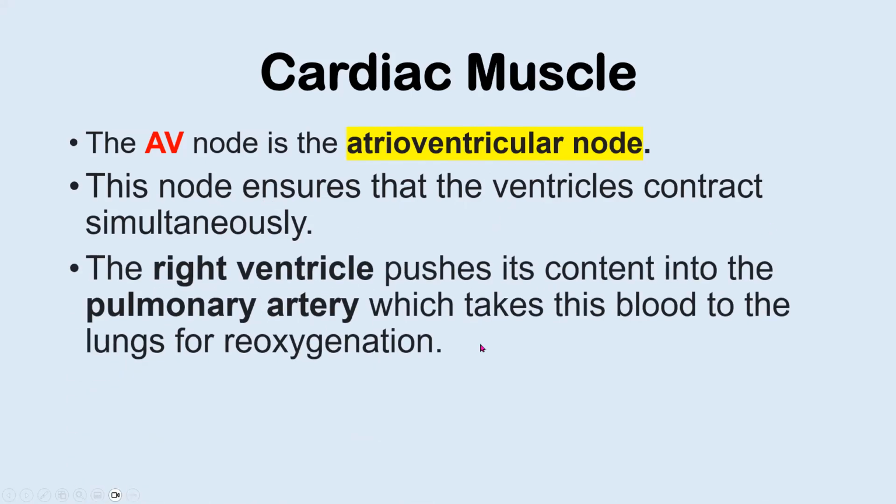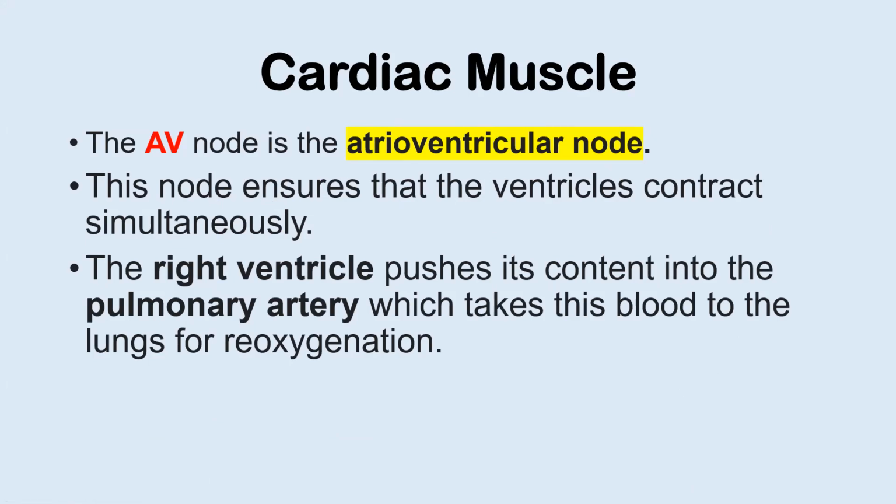The right ventricle then pushes the blood to the pulmonary artery, goes to the lungs, and the lungs re-oxygenate it, because on the right side of the heart it's the blood that's come from the body to be cleaned up.